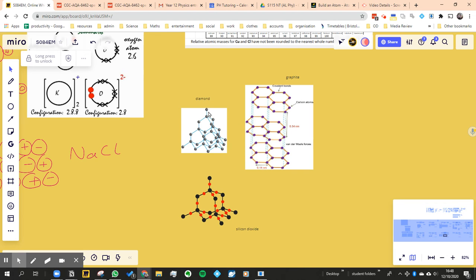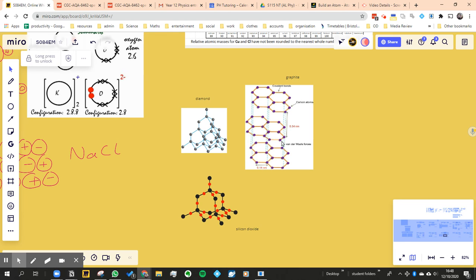And despite the fact that it seems to have a limit, it doesn't actually. We could keep on adding to this diamond structure or the silicon dioxide structure, and it goes on and on depending on however big the diamond is. So a diamond is actually like a single molecule, which is why it's one of the hardest substances, possibly the hardest substance on Earth still, I think. In any case, that's why it's particularly hard.